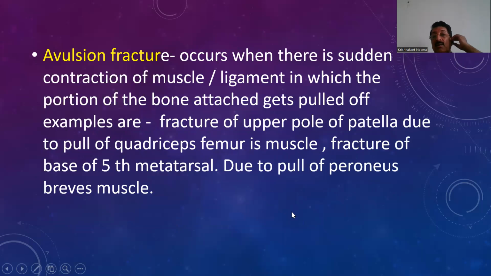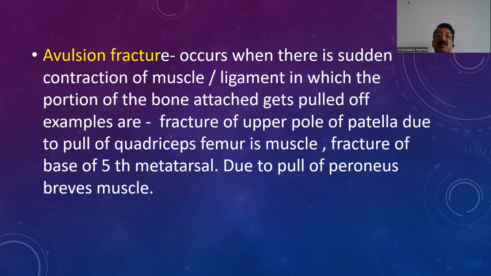There can be a very interesting fracture, which is called an avulsion fracture. It occurs when there is sudden contraction of muscles or ligaments, in which a portion of the attached bone gets pulled off.